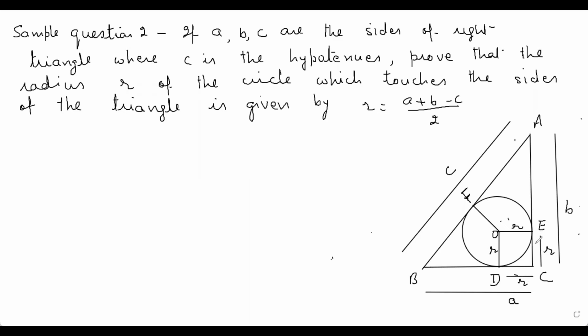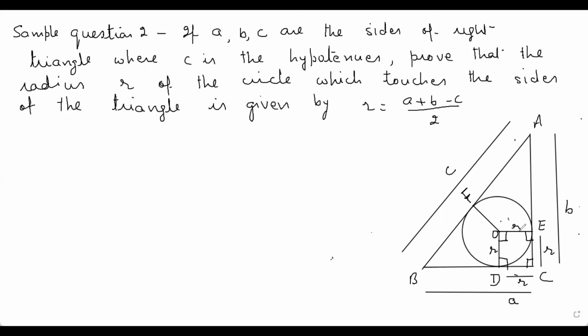Why? Now this angle is 90 degrees because radius is perpendicular to tangent at the point of contact. This angle is 90 degrees for the same reason. This angle is equal to 90 degrees, this is already given to us. It means this angle is 90 degrees. So either it is a square or it is a rectangle. If it is a square, then all the sides are equal.